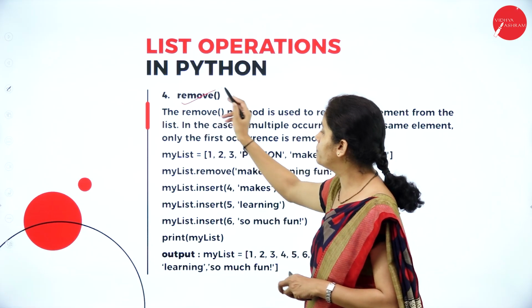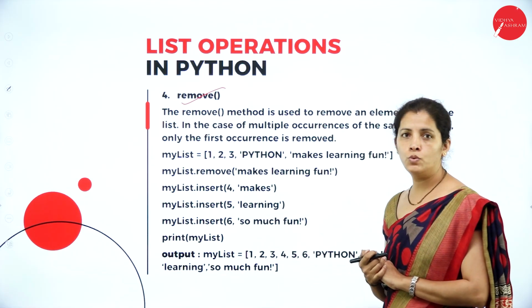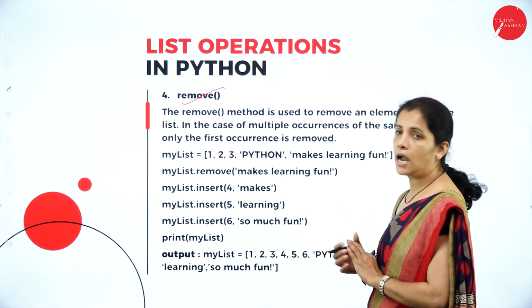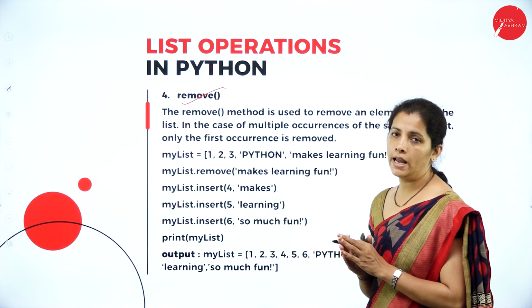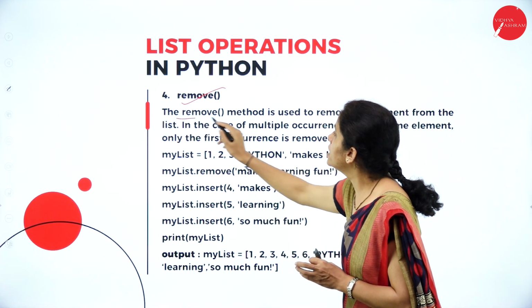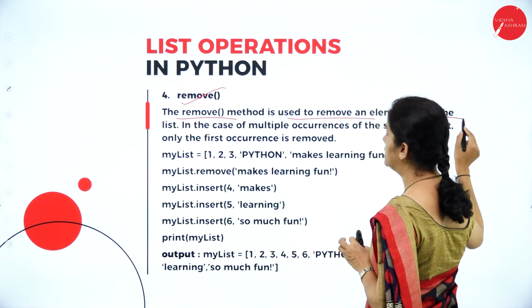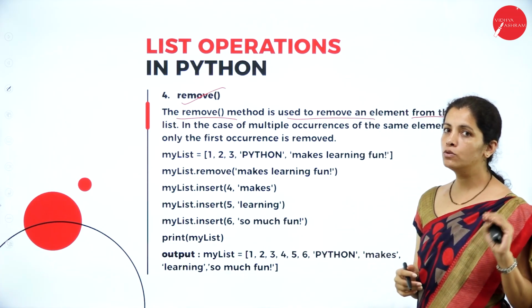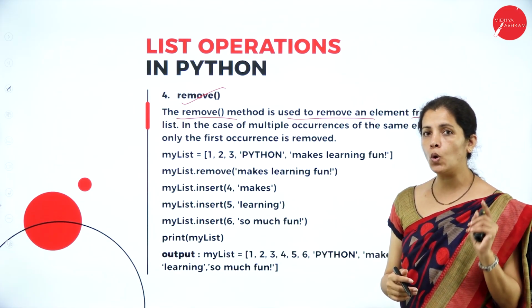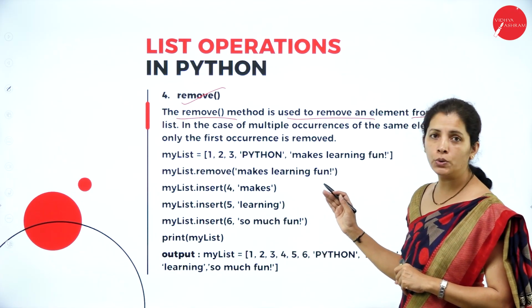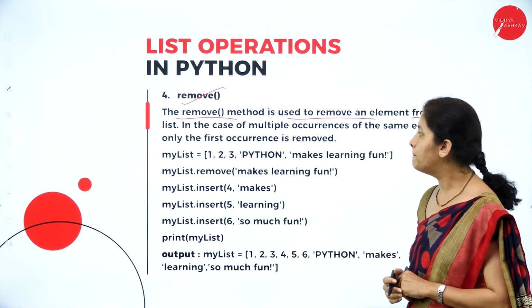Next, remove. So what is remove? There are certain times I want to remove an element. The remove method is used to remove an element from the list. So I'm going to call the remove method.